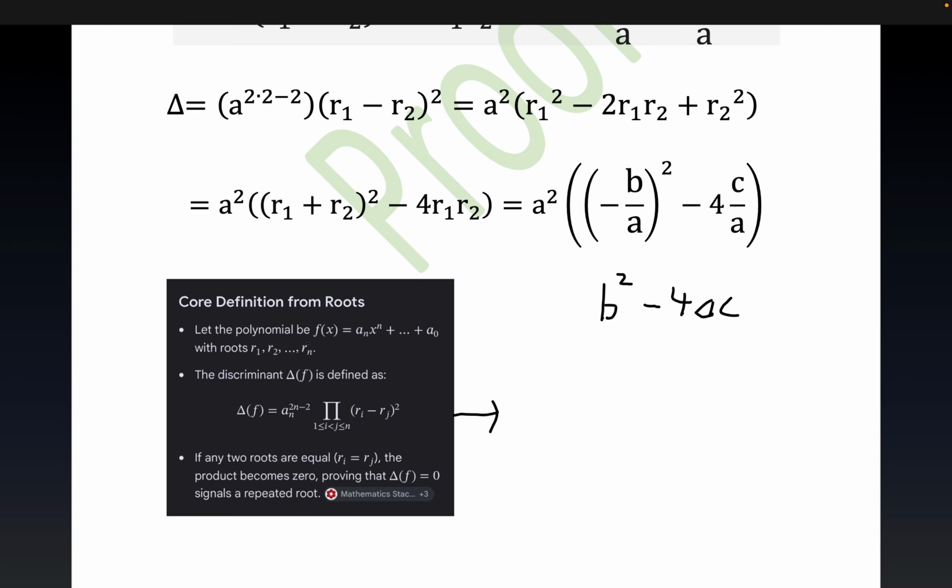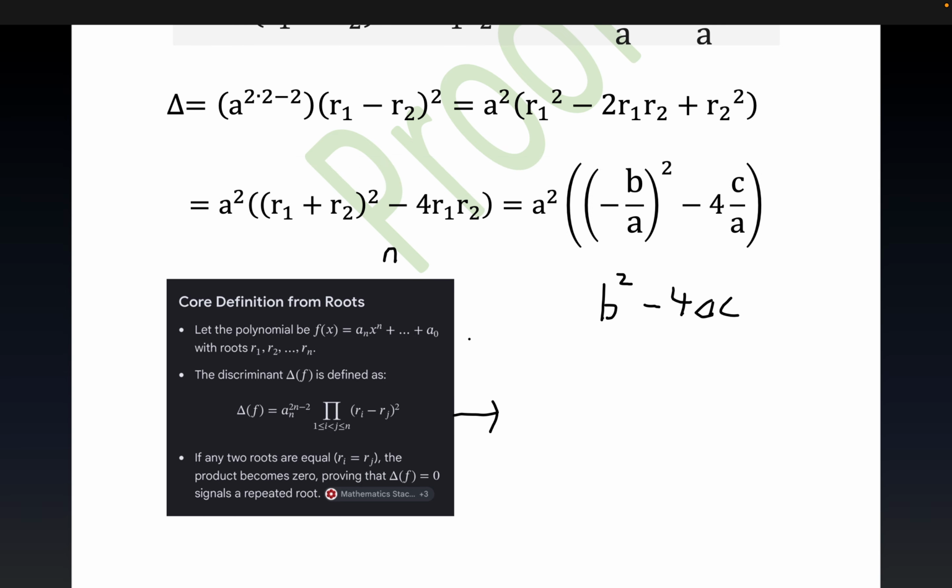But the cool thing is this is just the tip of the iceberg. This definition holds for an arbitrary n, so you could use it to find the cubic discriminant and so on. Now it gets nastier and nastier. This one wasn't particularly ugly because we only had a single difference of 2 roots.